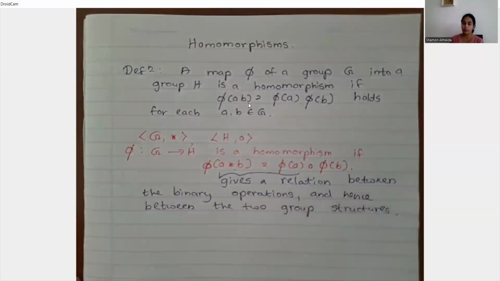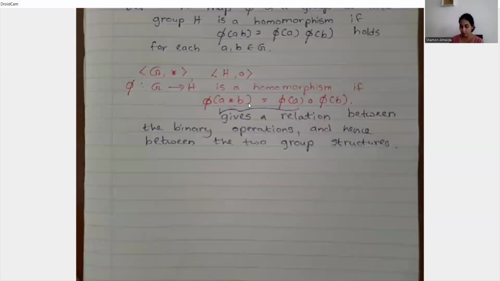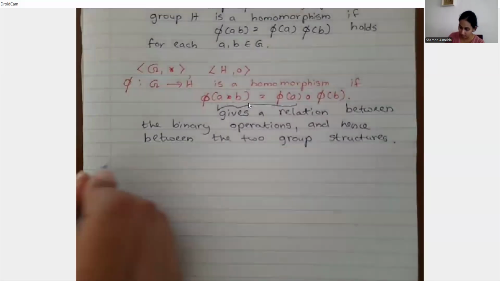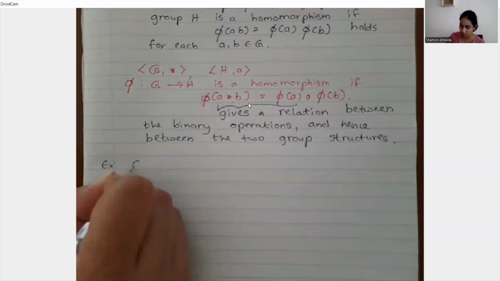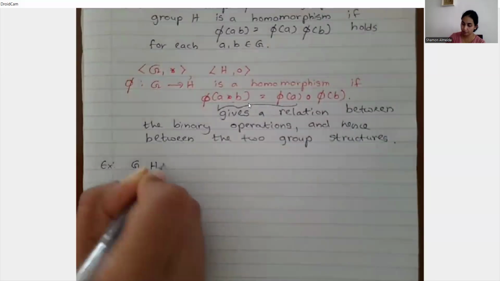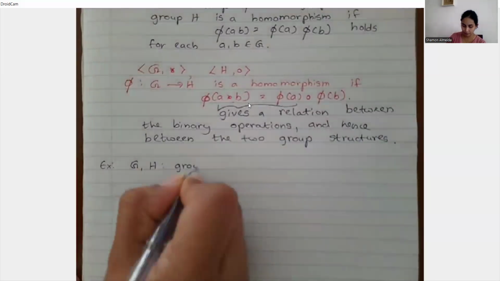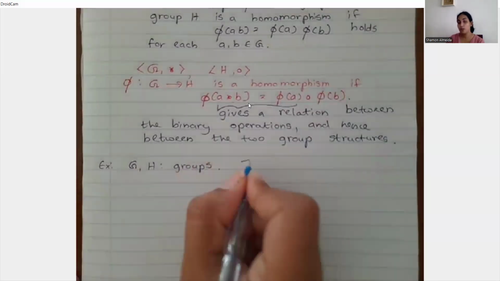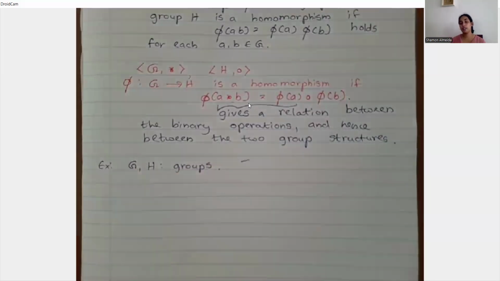Okay, now let's take a look at some examples. Let's start off with the trivial homomorphism. Let's take G, H to be groups. Then we can always find at least one homomorphism, which we call the trivial homomorphism. How do we get this homomorphism?